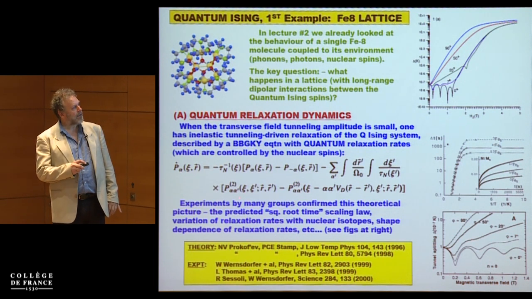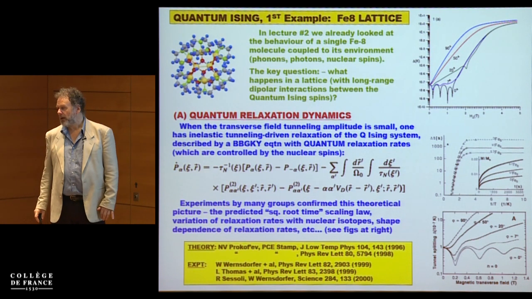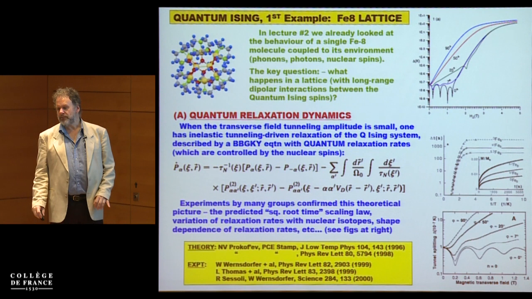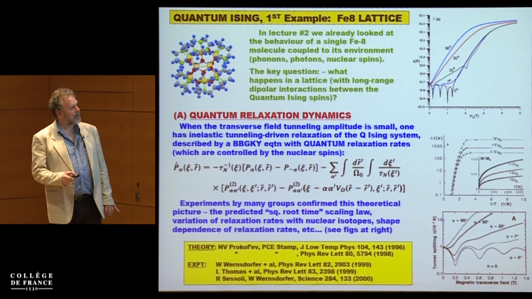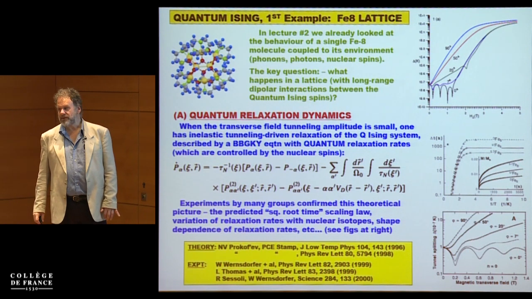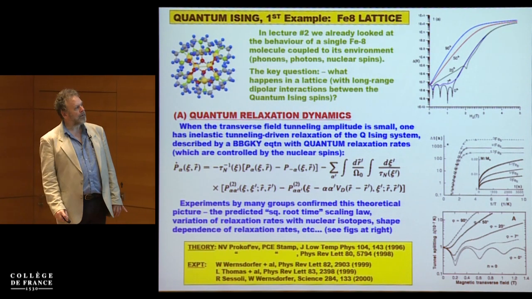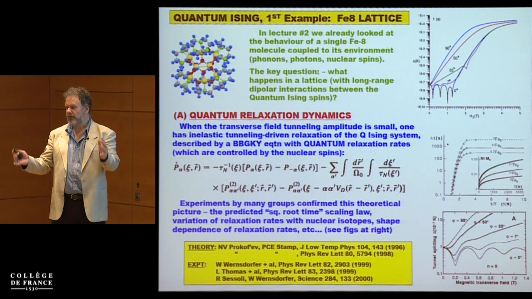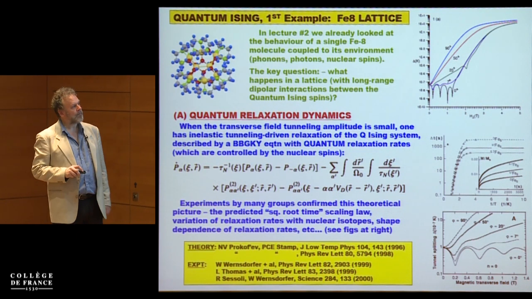But then there's this long-range dipolar interaction between these spins, and that brings in the two-spin distribution function. Now this can be solved analytically, and it can be solved for different shapes of the system numerically. It can be solved analytically for a system which has an ellipsoidal shape.